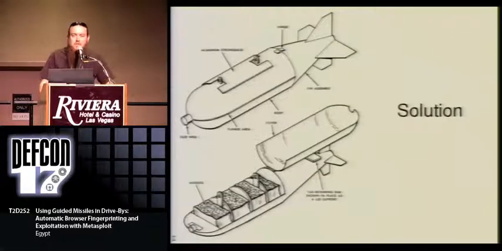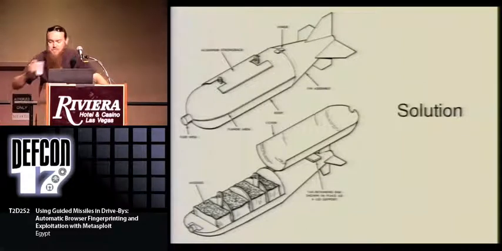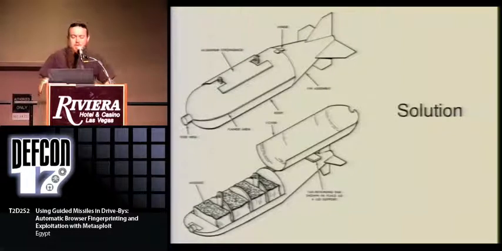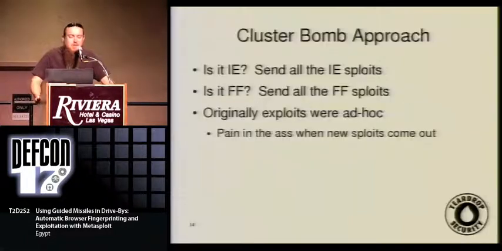So the solution, and the first thing that I tried, was sort of a cluster bomb approach. For those of you playing at home, this is an MK-44 Lazy Dog cluster bomb used in Vietnam. So this approach was basically using a user agent match.